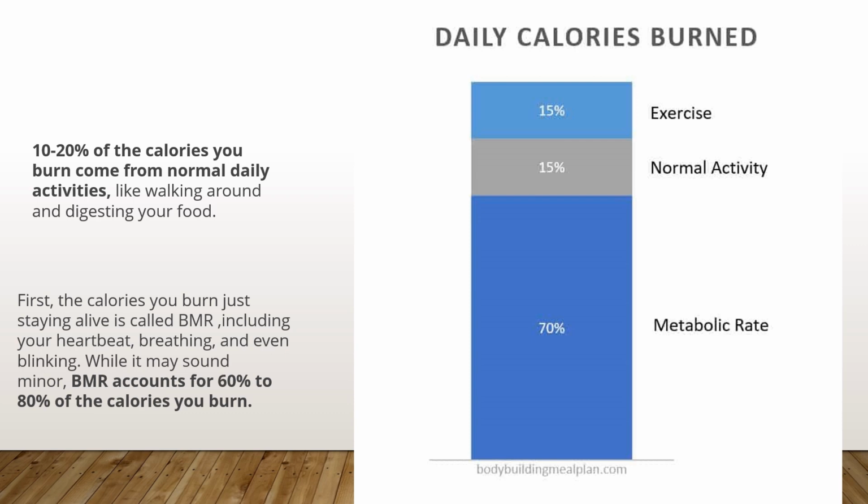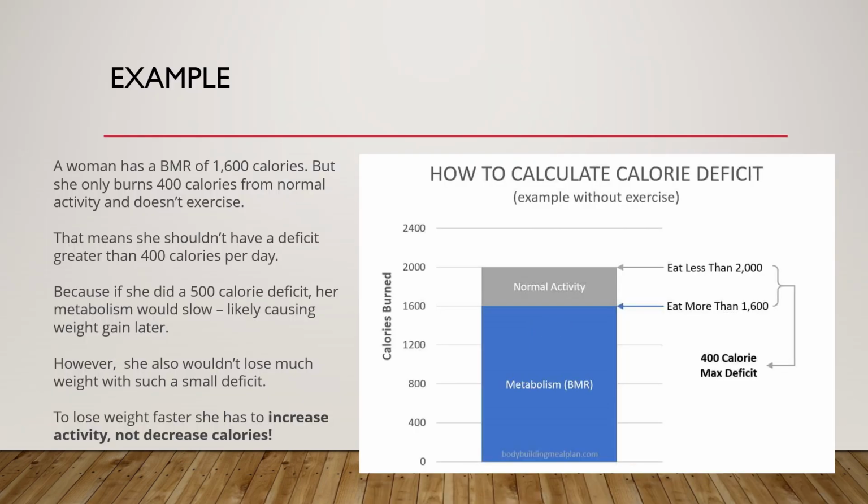While it may sound minor, BMR accounts for 60% to 80% of your daily burn. So 70% basal metabolic rate that you already have, then your normal activities, and then 15% of your exercise. So this is how it looks. Let's look at it in detail on the next slide.